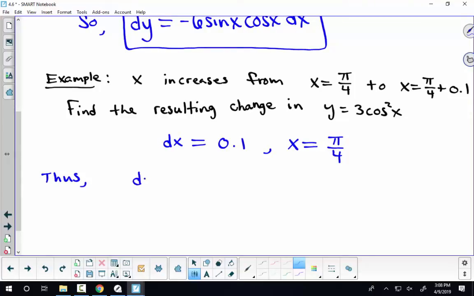That means dy is equal to negative 6 sine of pi over 4 times the cosine of pi over 4 times 0.1. And I calculated that to be negative 0.3.